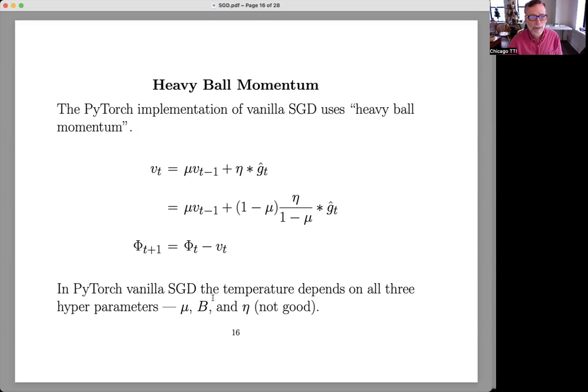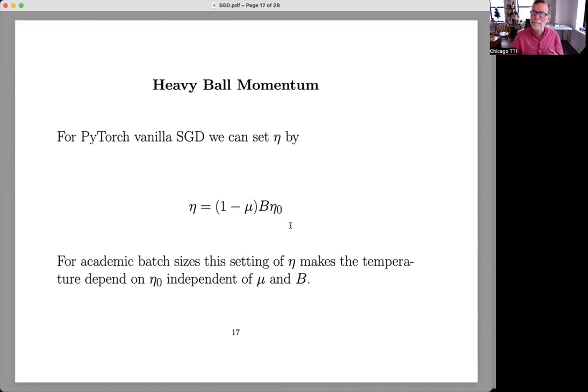So looking at this, if we replace this learning rate by a base learning rate divided by 1 minus mu, then we're going to get a parameterization that makes temperature independent of the momentum parameter.